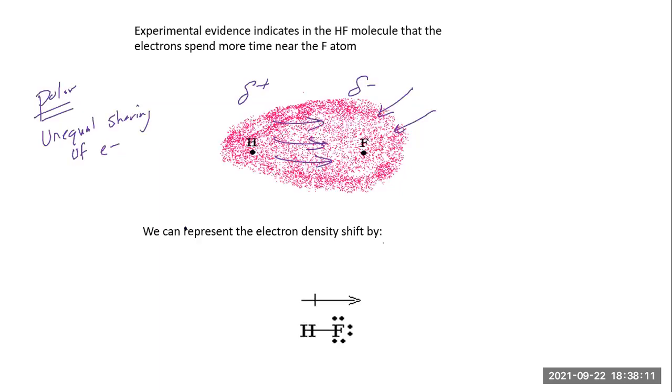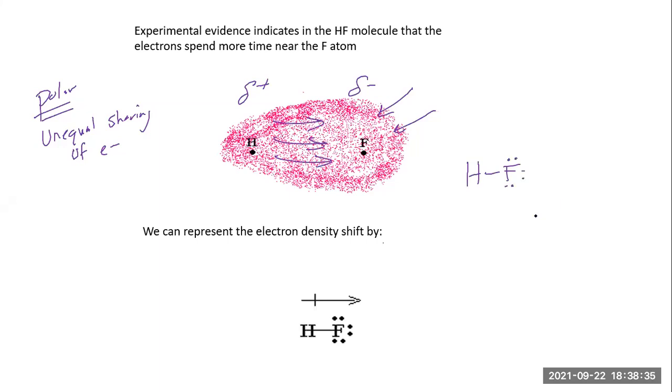Professor, so when we write the formula or the answers, do we have to write the delta sign as well? If we have to write an answer, do we have to write the delta positive charge, the delta negative charge? If you were just asked to draw the Lewis structure for this, you really would have to draw this.